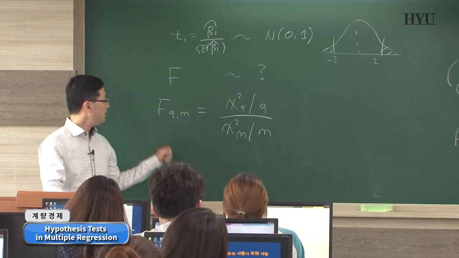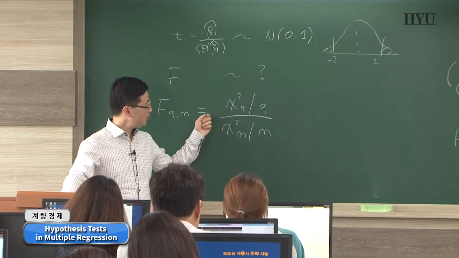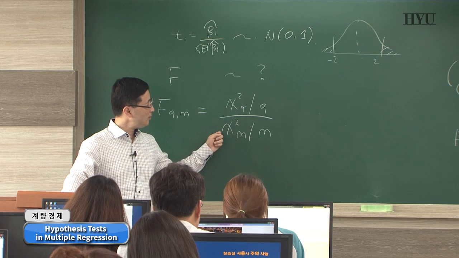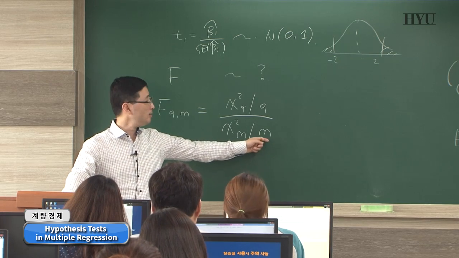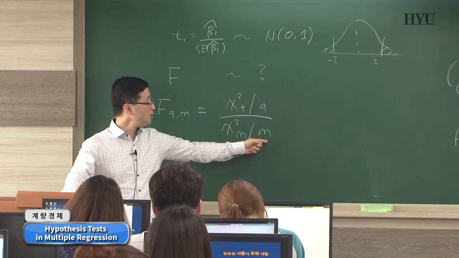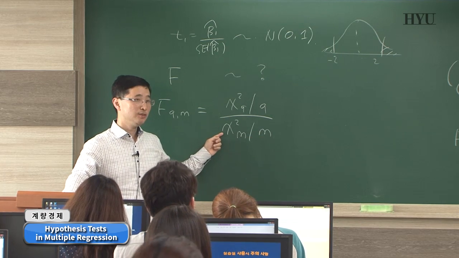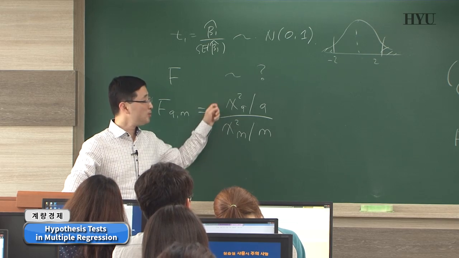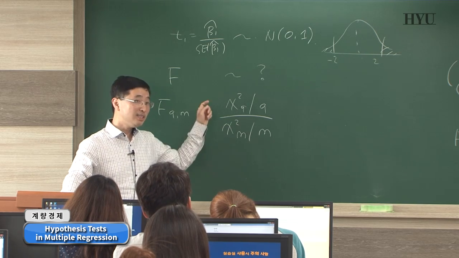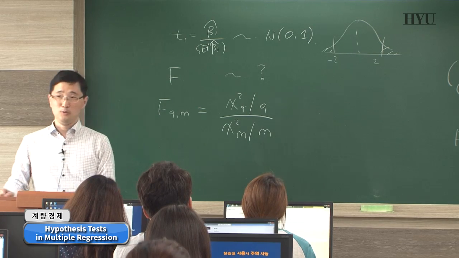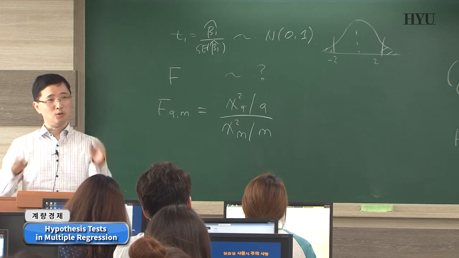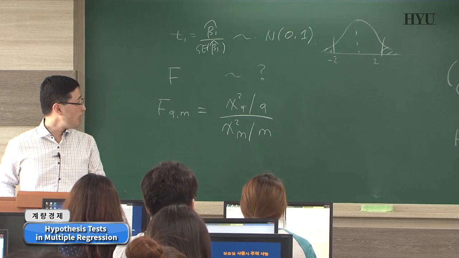And in the denominator, you have another chi-square distribution with m degrees of freedom, and you normalize it by dividing by its degrees of freedom. And suppose that they're independent. Then in statistics, we call it an F distribution. So an F distribution is a ratio of 2 chi-square distributions.